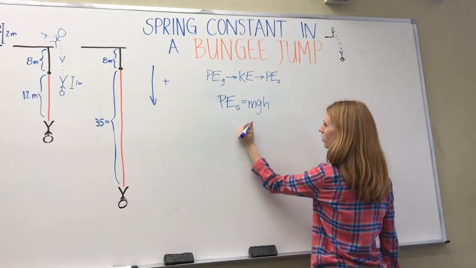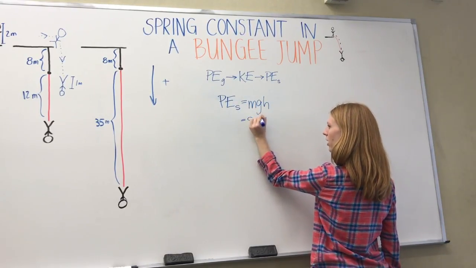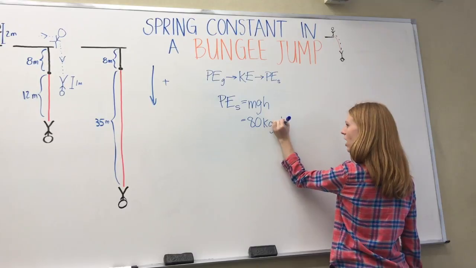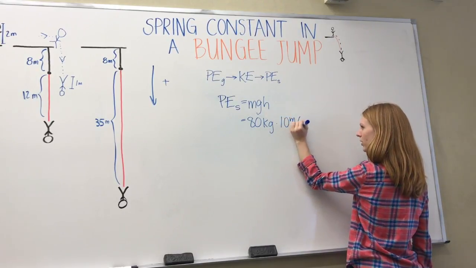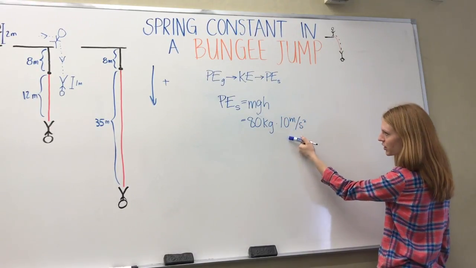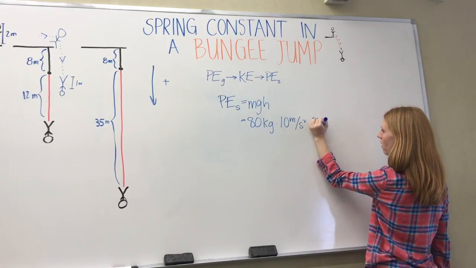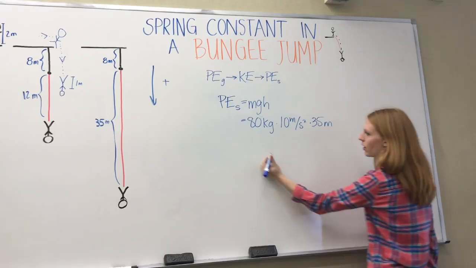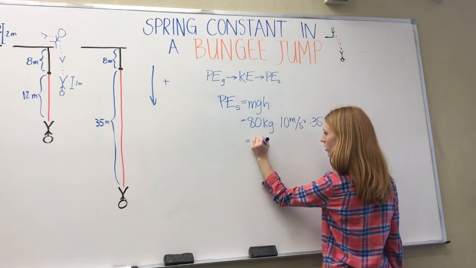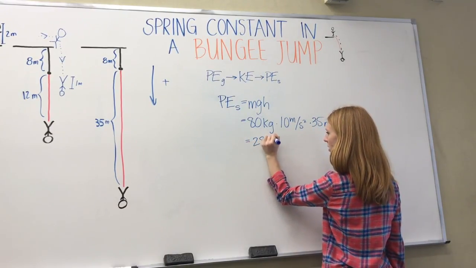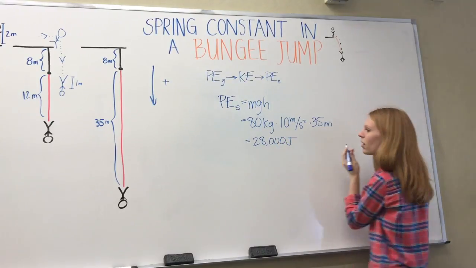So we have 80 kilograms times 10 meters per second squared, which is positive because the downward direction is positive. And at this point, the height is 35 meters. For this, we find the energy to be 28,000 joules.